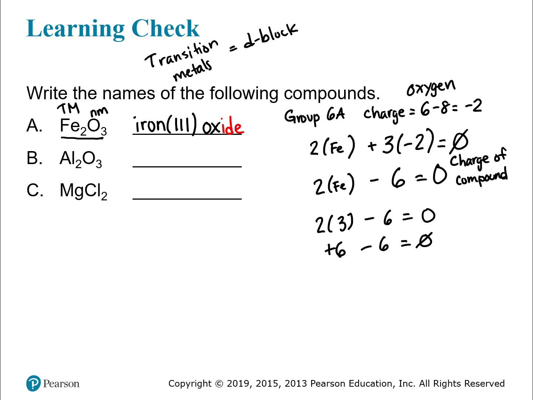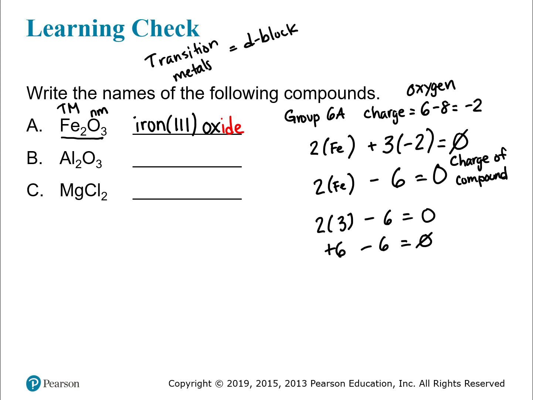So we don't have to name it using the Roman numeral for the charge because it can only have one charge. It only forms one ion. That's the reason why we use the stock system, the Roman numerals in parentheses, which tells us which ion we have.